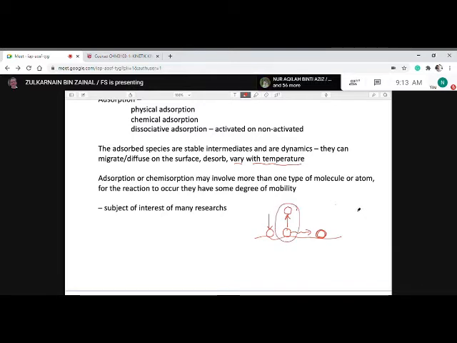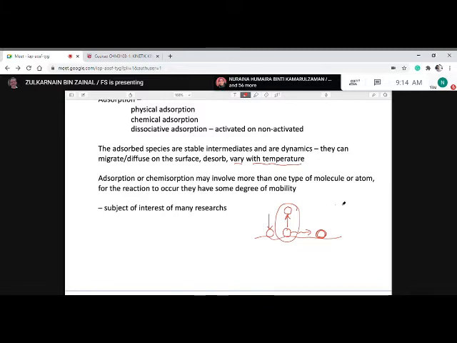Especially for the physical adsorption process, if you lower the temperature, more adsorption will occur. But if you increase the temperature, less adsorption and more desorption will occur.